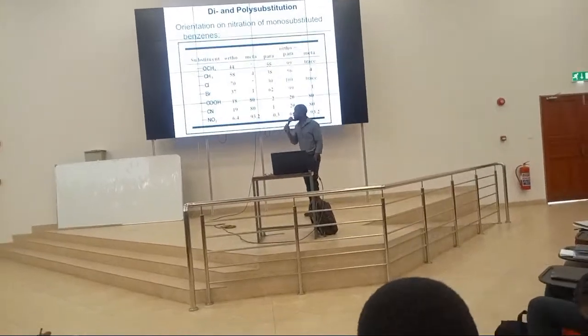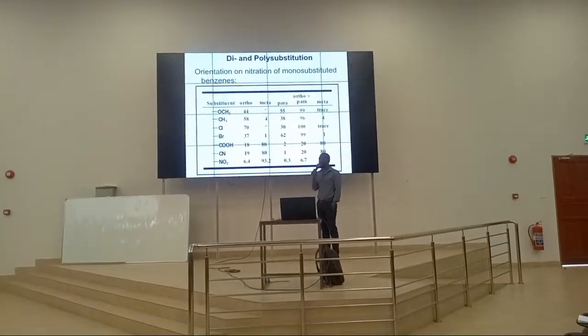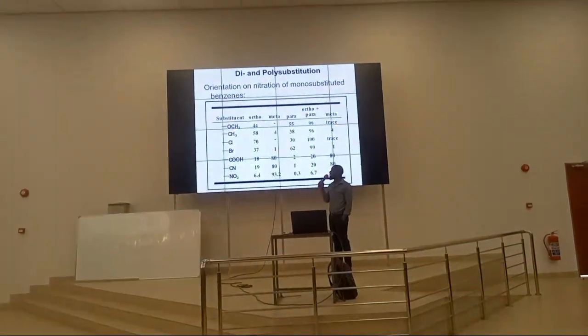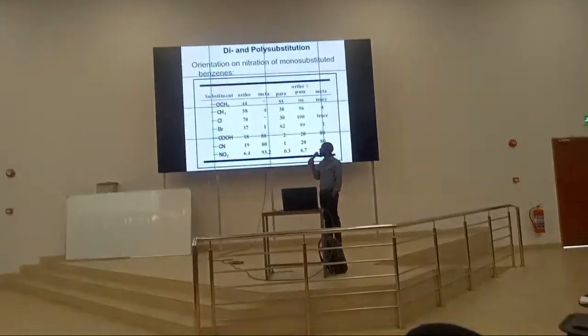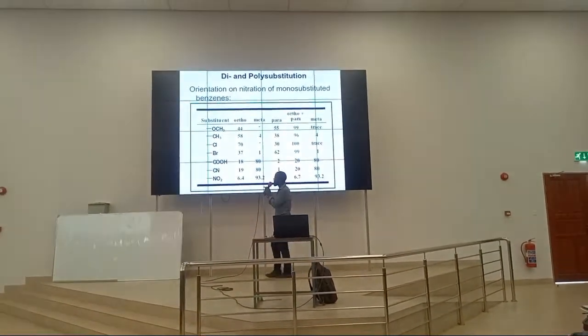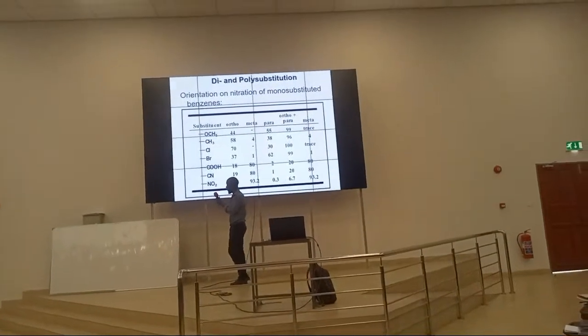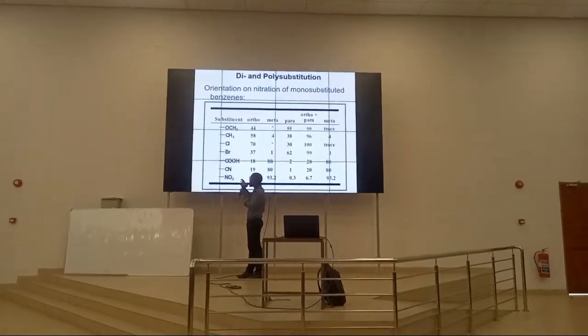So we see that the carboxyl, cyano, and nitro, in short, remember the carboxyl is quite electron withdrawing. The cyano is also electron withdrawing, CN. That is quite electron withdrawing. The nitro is electron withdrawing.